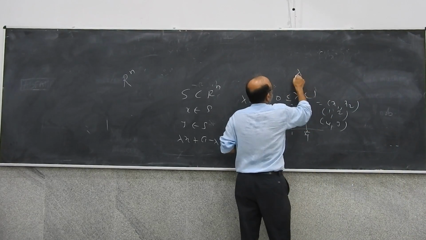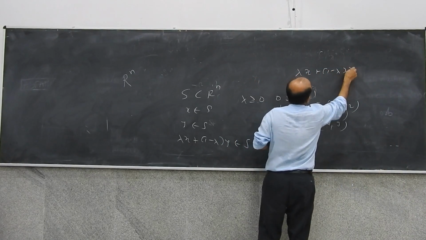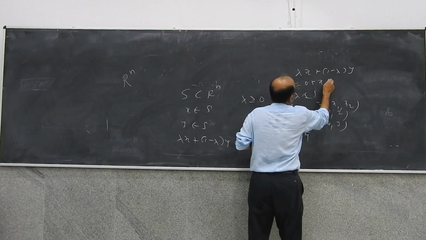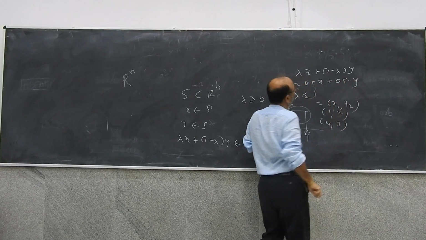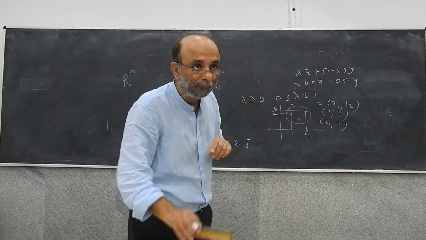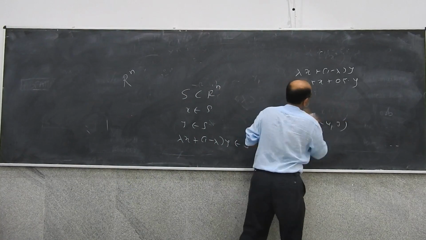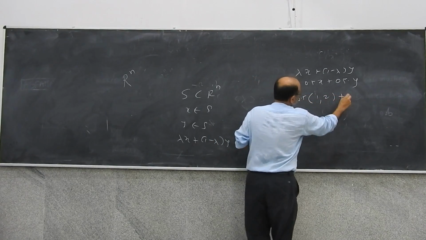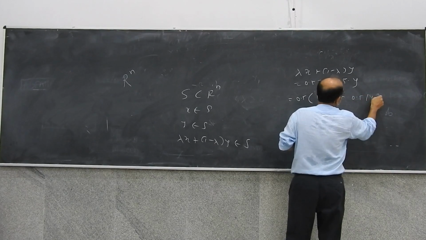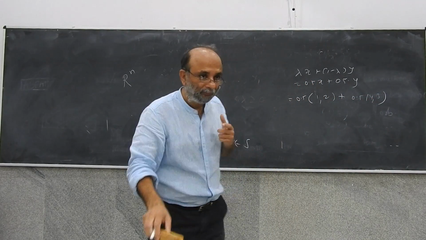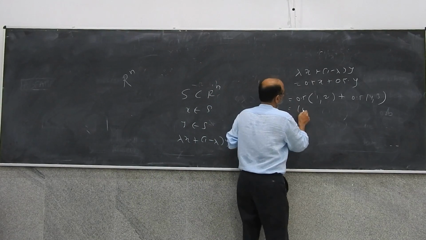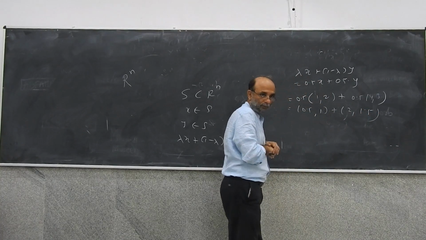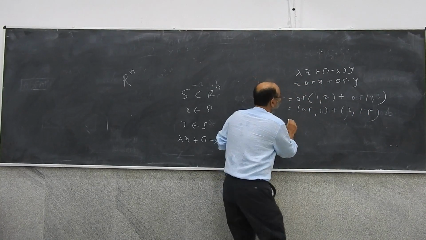Construct lambda into X plus 1 minus lambda into Y, which is 0.5 into X plus 0.5 into Y, which is what? 0.5 into (1, 2) plus 0.5 into (3, 4), which is what? Yeah? Sure? Which is what?